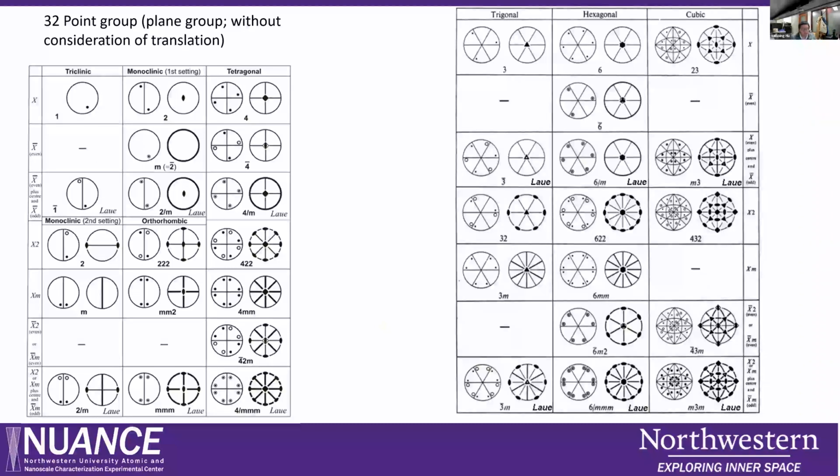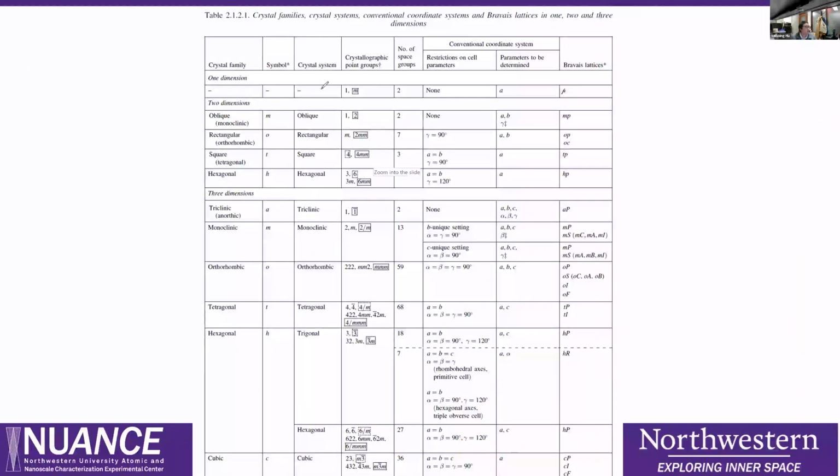This table shows more detail, like the symbol and our crystal class, and in each class, how many point groups they have, how many space groups they have, and what their features are. For example, for hexagonal, there are 4 point groups, 5 space groups, and these are the relative features.